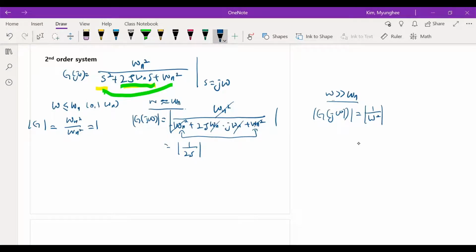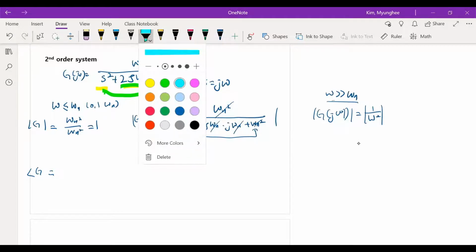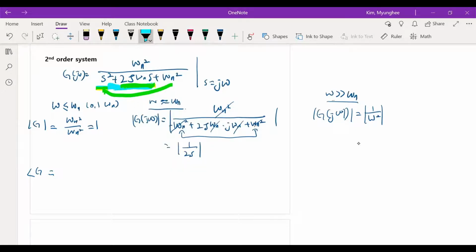And then let's look at the angle. So when the ω is very small, other part like this part is negligible. So we have the angle, there is almost no phase delay, so it will be 0. When the ω is the same as ωn, we can still use the same equation, but now we are looking at the angle.